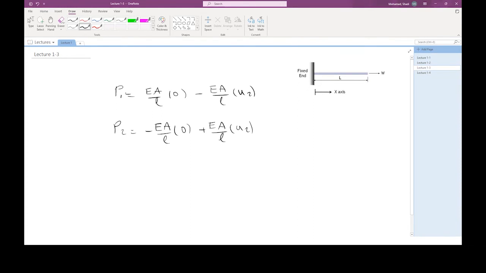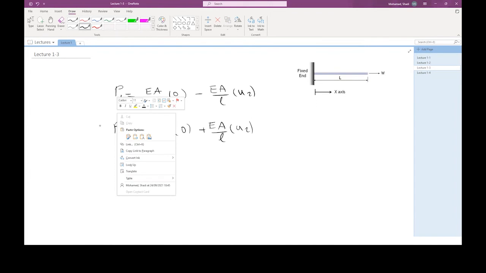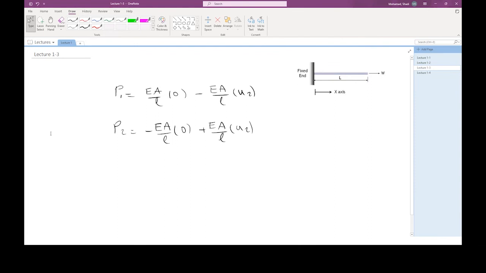Now, in the first equation, we have P1, we don't know. We have P2, we don't know. In the second equation, we have P2 because this is the W, whereas P1, we don't know.